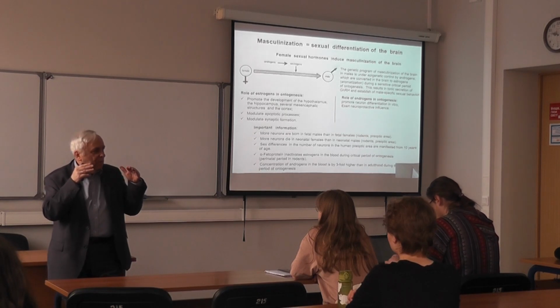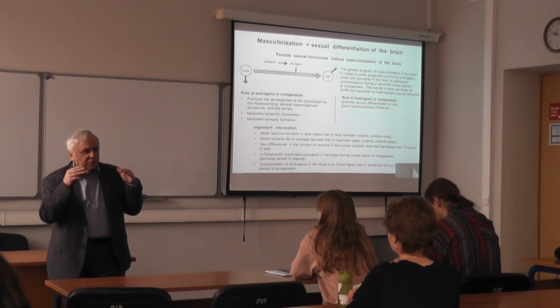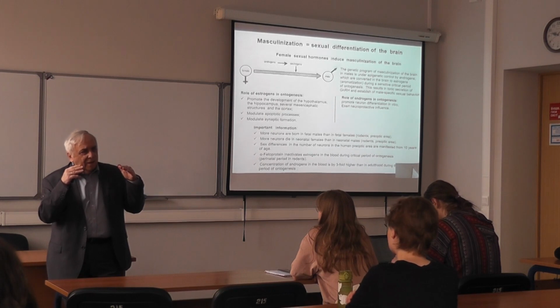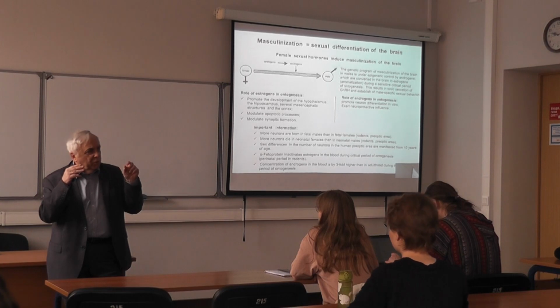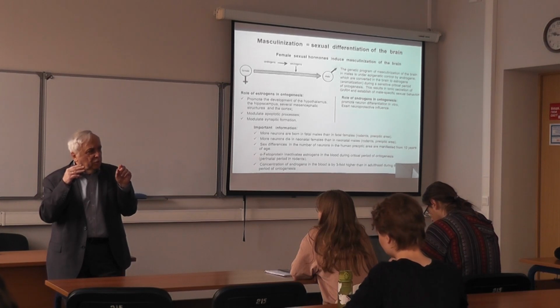But what is the reason? Because in females, during this period of the brain masculinization, there is a very high level of circulating alpha-fetoprotein. This is a special protein which is linked to estrogens.